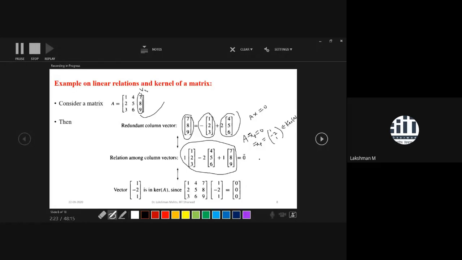It would be alpha times the vector 1, minus 2, 1. So this is your kernel of A. It is just one trial method by which you are directly getting it while establishing dependency.